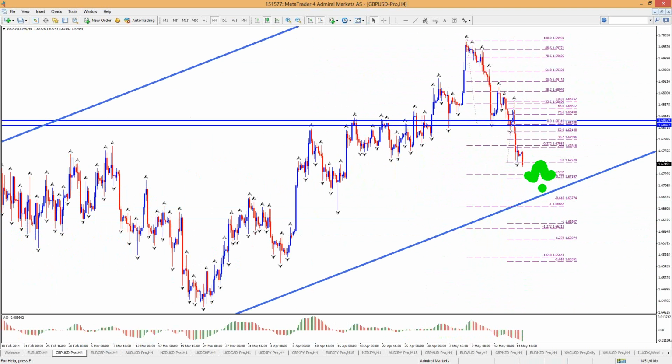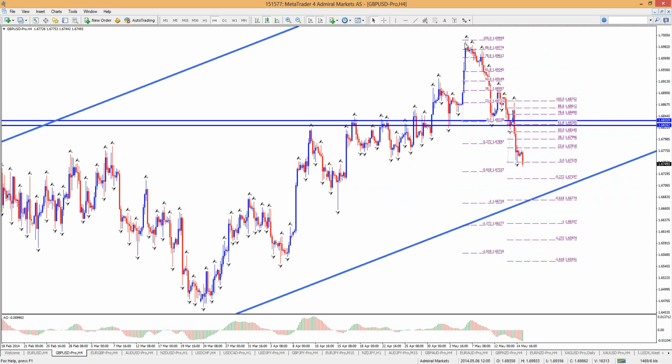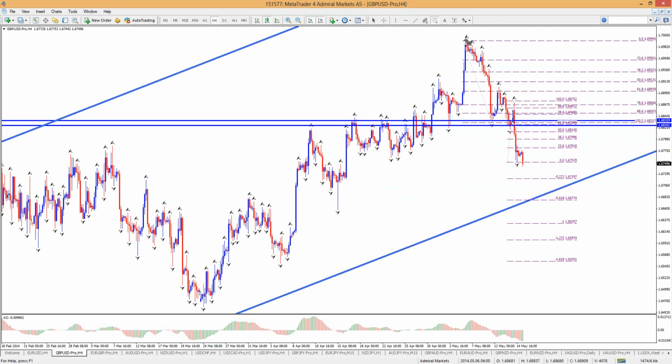Let's see, Macho, the fibs can be placed in both ways, in fact. You can place it from left to right or from right to left. I place it from left to right, like Nana does as well, not from right to left, because the difference is that if you place it from right to left, then yeah, to us it seems like this would be a 16-18 bounce somehow.